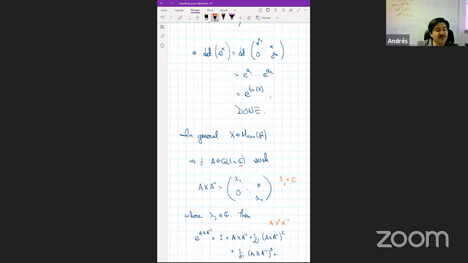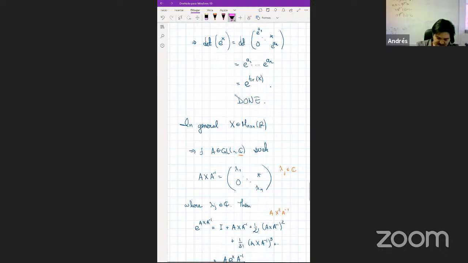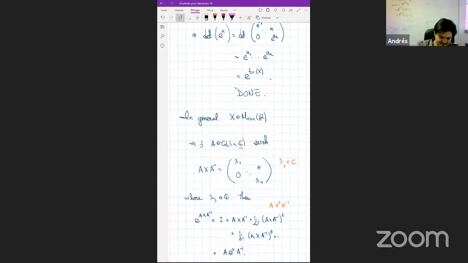And if instead of a square we use cube or whatsoever, we get the same identity, right? So we use that to obtain this relation. And I think that's all that we need to prove the result.